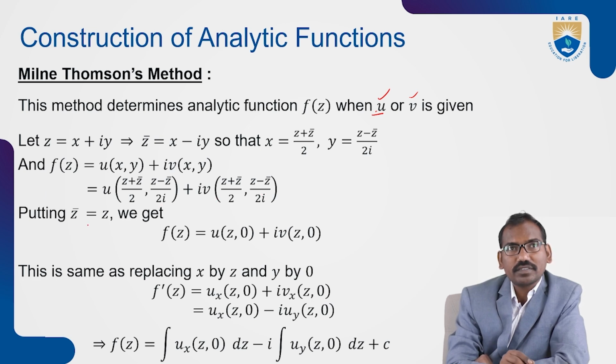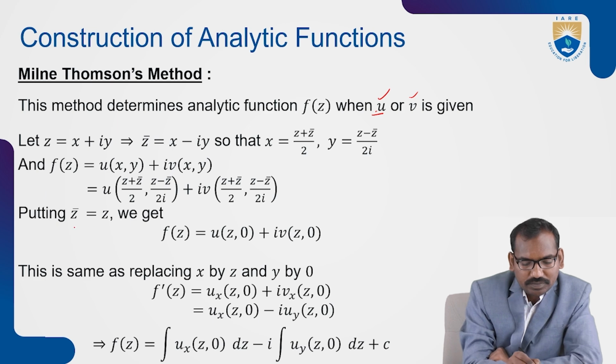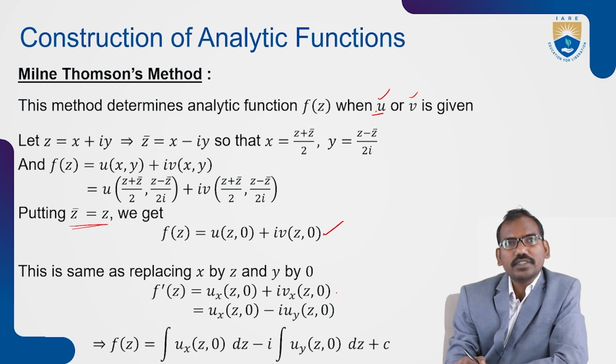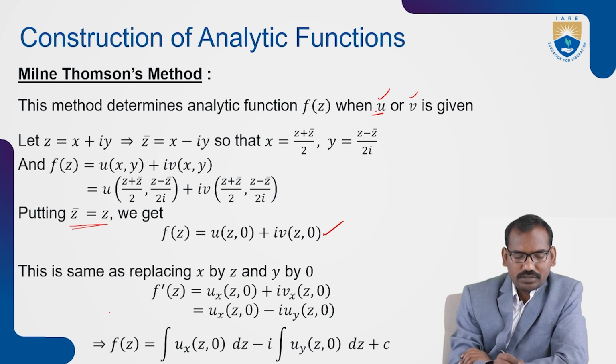Here we take z bar as z. Putting z bar equal to z, f of z becomes u of (z, 0) plus i times v of (z, 0).